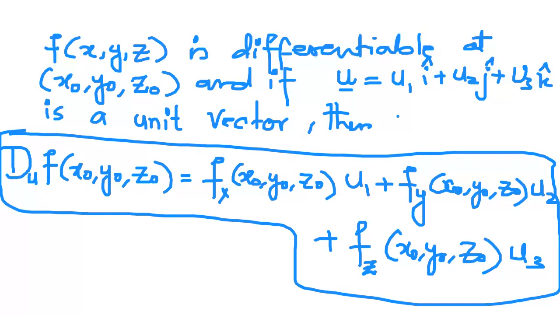Okay, so I will now give you one example: if the function is given and the unit vector is given, how you can find the directional derivative. See the question.